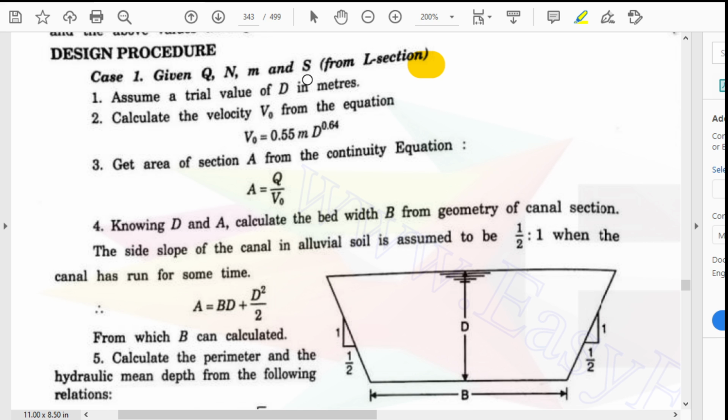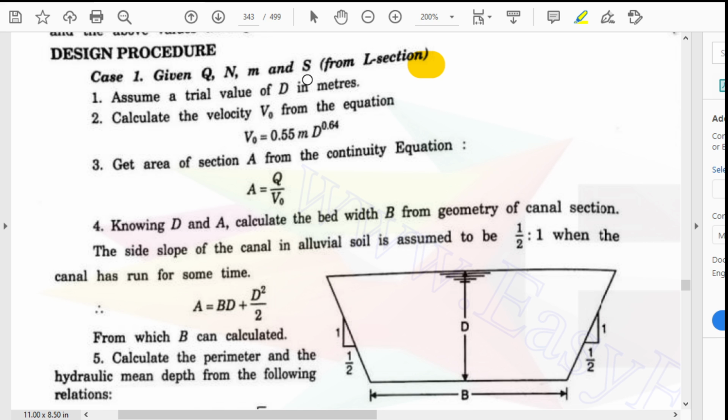N is nothing but your Kutter's coefficient. S is your slope. Q is your discharge and M is nothing but your hydraulic mean depth.